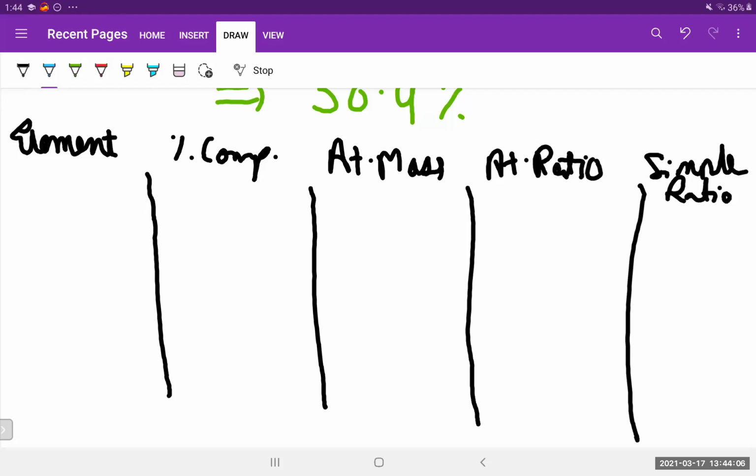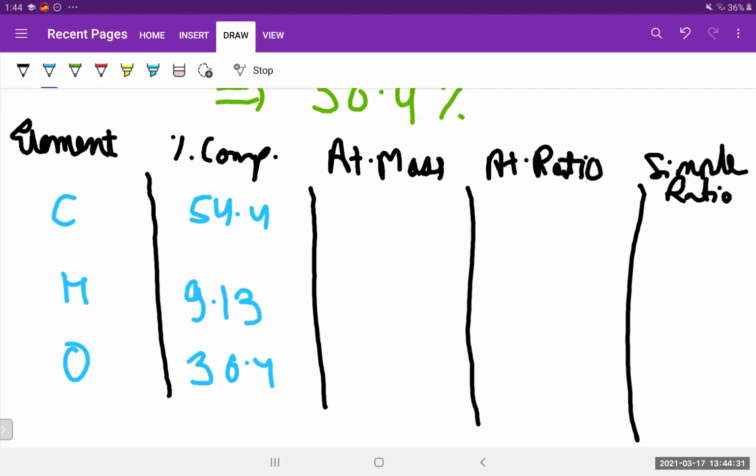First of all, how many elements have we got? We have got carbon, hydrogen, and oxygen. The percentage composition is also given to us. Carbon is 54.4. Hydrogen is 9.13. And oxygen, which we have calculated just now, is 36.4.